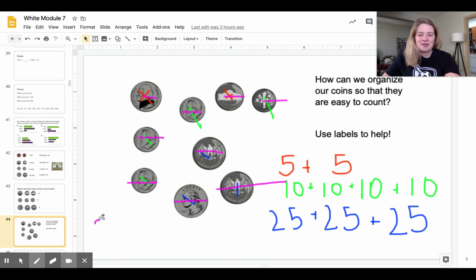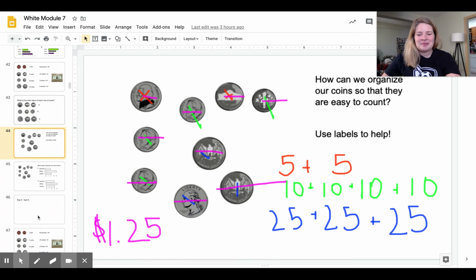So our total, we'll use the dollar symbol since we have one whole dollar or 100 cents, is $1.25. If it is easier for you to add, you could do that. If it's easier for you to skip count, you can do that. Do what makes the most sense for your brain. As long as you get $1.25, you have solved the problem.